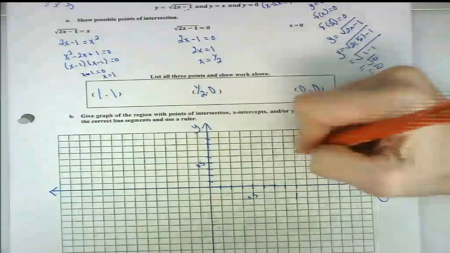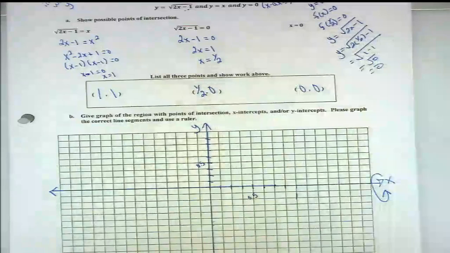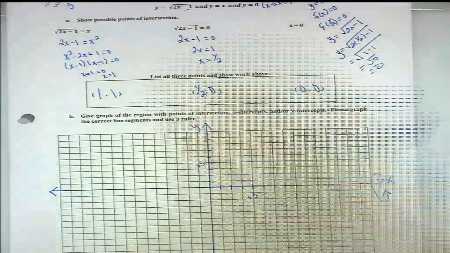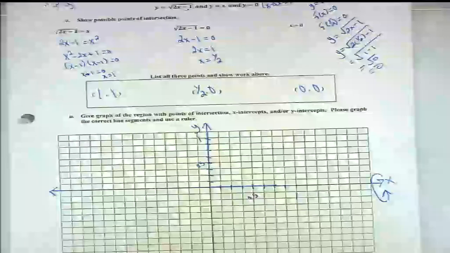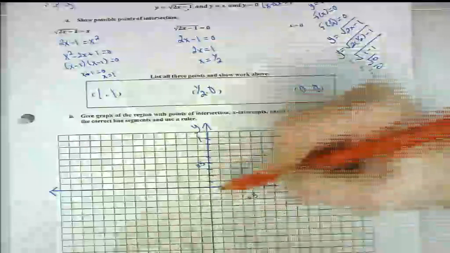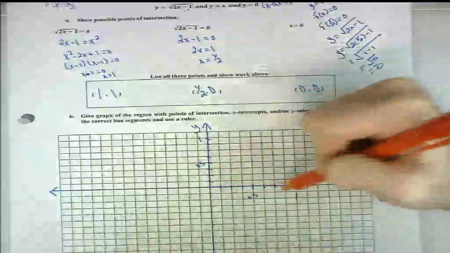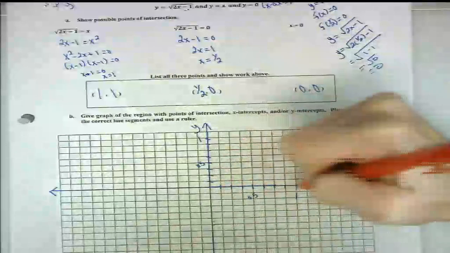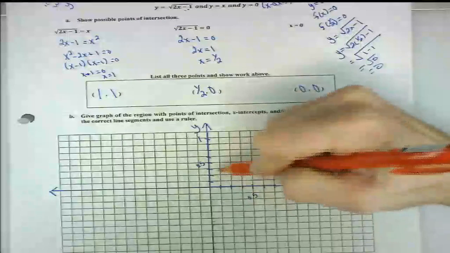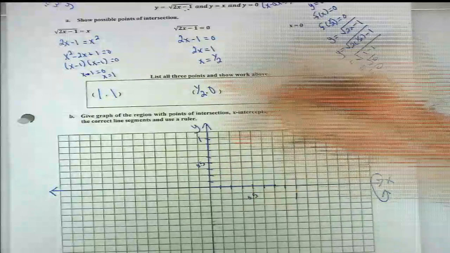So we have the point 1, 1. So 1, 2, 3, 4, 5, 6, 7, 8.